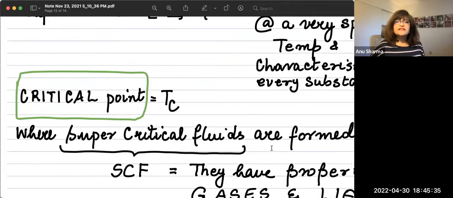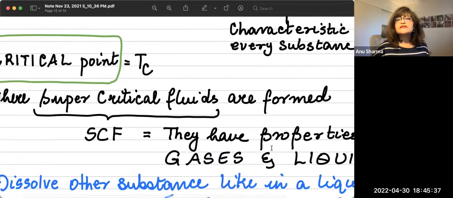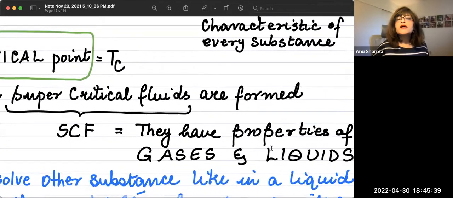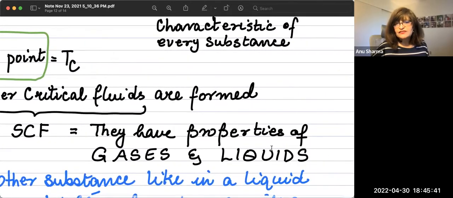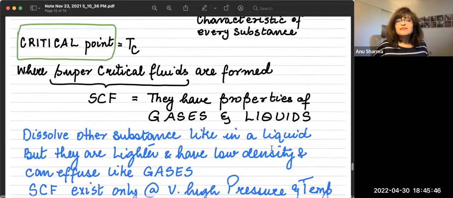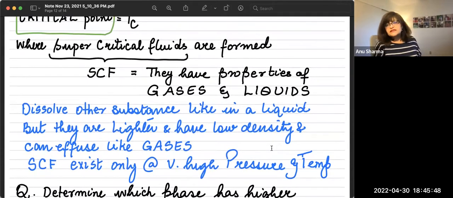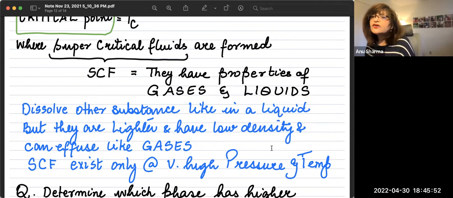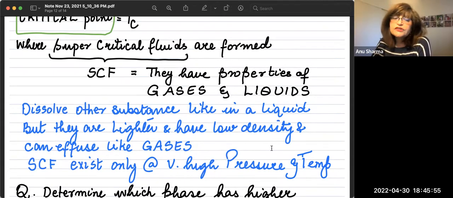Now, the critical point is where supercritical fluids are formed. Supercritical fluids, SCF, have the properties of gases and liquids. Very interesting. What does that mean? Just like liquids, they dissolve or solubilize substances.